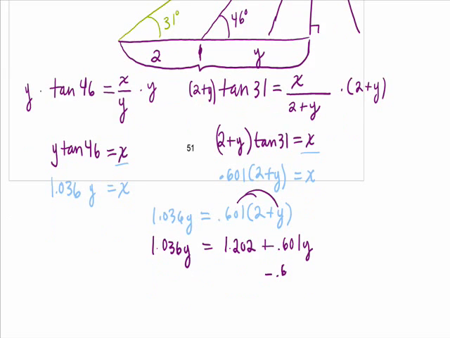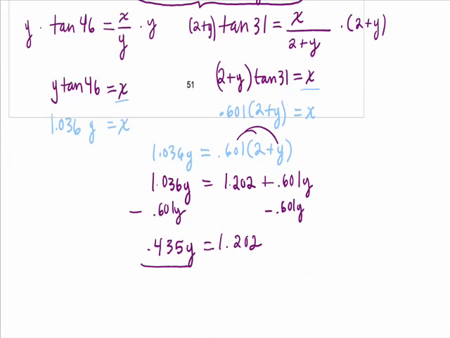So minus 0.601y, minus 0.601y, and we get 0.435y equals 1.202. Now go ahead and divide. And we get 2.763.